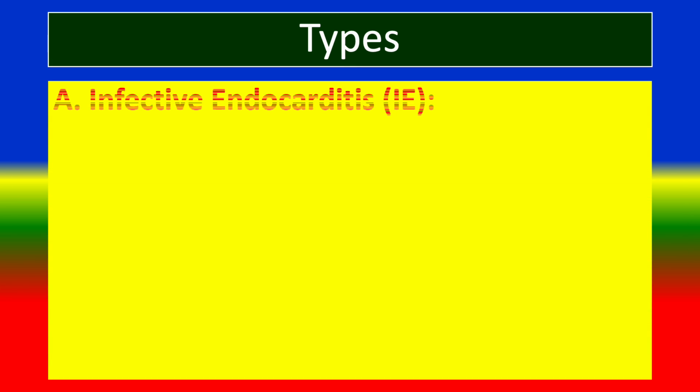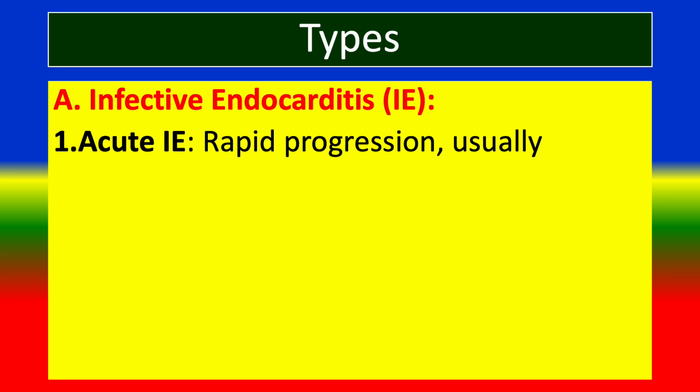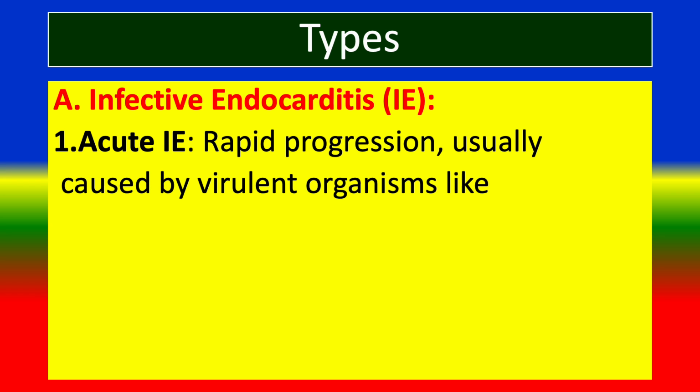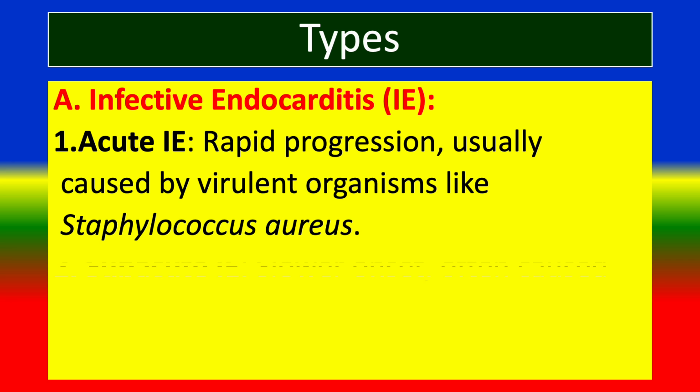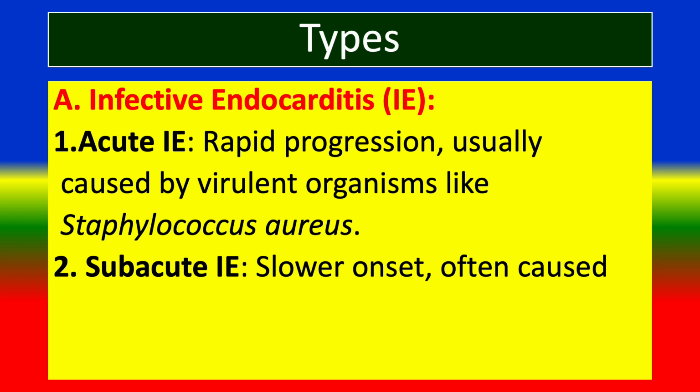Types. A. Infective endocarditis. 1. Acute infective endocarditis, rapid progression, usually caused by virulent organisms like Staphylococcus aureus. 2.